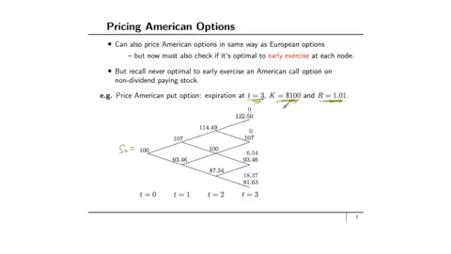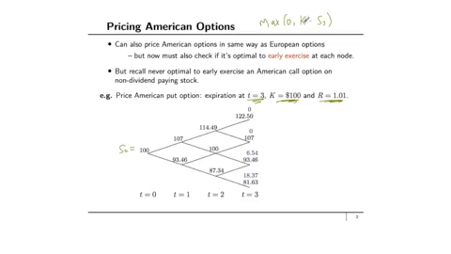The payoff of the put option will be the maximum of 0 and the strike minus the stock price at time 3. The stock price at time 3 is 81.63, 93.46, 107, and 122.5.